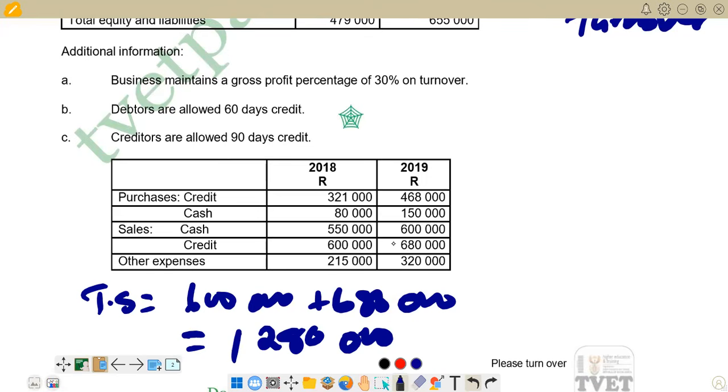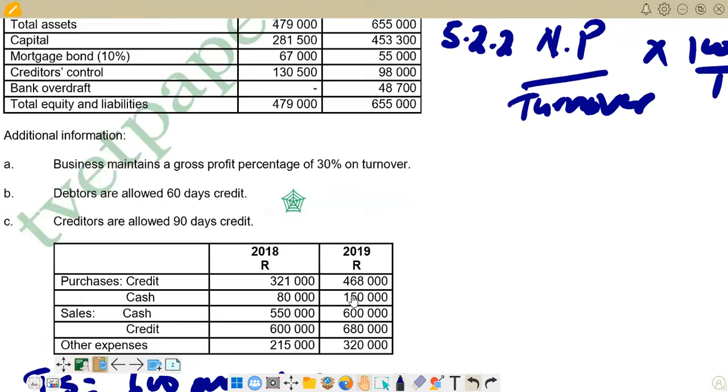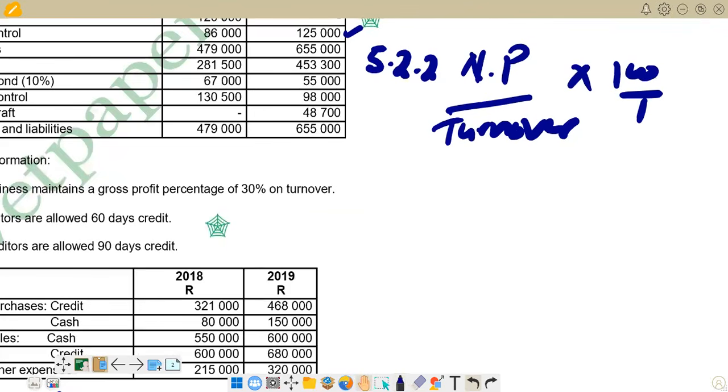And then we also have to calculate the figure for net profit. If you look in the question, we are not given the figure for net profit, so we need to calculate the net profit first. Remember, the formula that we deduce from the trading account: gross profit is equal to opening stock or opening inventory.